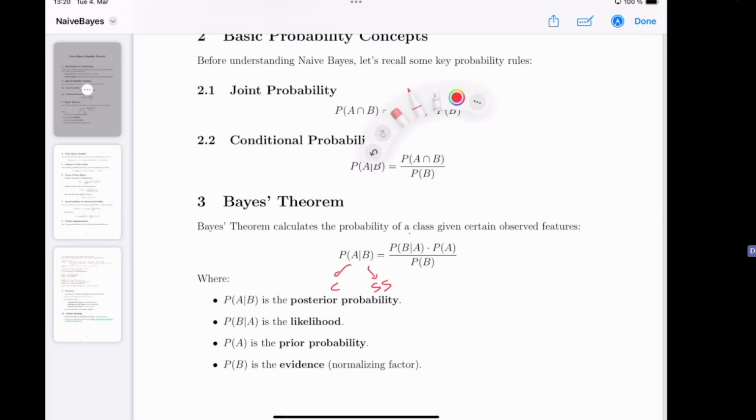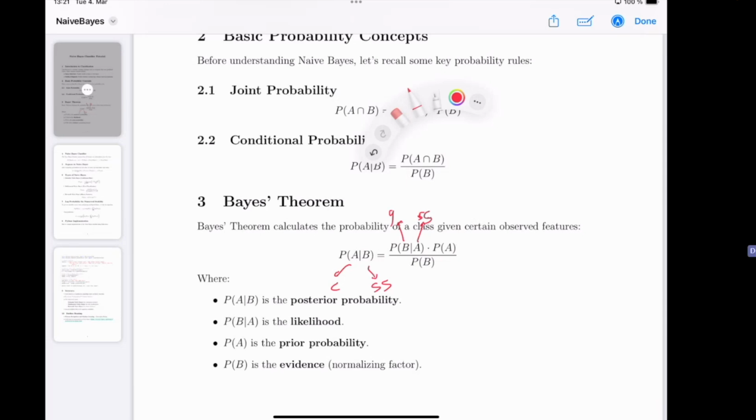It means that given the fact that the person has studied or is studying computer science, what is the probability of being a girl? Tell me how likely it is that a girl is studying computer science. So that is called the likelihood. How likely it is that a girl studies computer science.